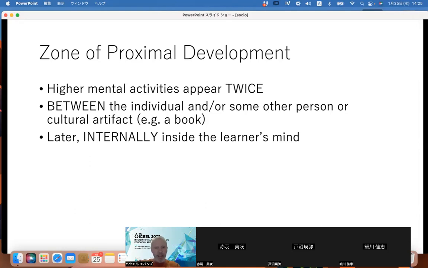So it's external in that sense, but that then structures the way I think, structures my thoughts, and then this is internalized over time, so I'm able to do it. Right, but that's the way the zone of proximal development is explained, that it appears twice. It appears once between me and you, for example, and then later it's internalized by me.